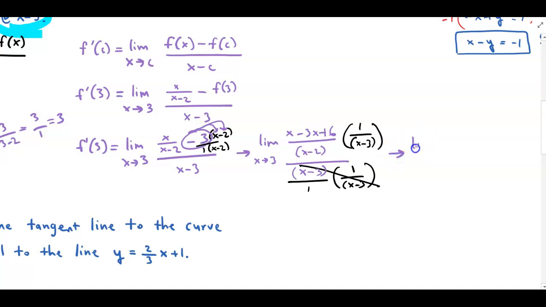And I have the limit as x approaches 3. The top part is x minus 3x plus 6. The bottom is x minus 2 and x minus 3. Now I could combine these, the numerator, they're like these two terms. The x minus 3x, that's negative 2x.